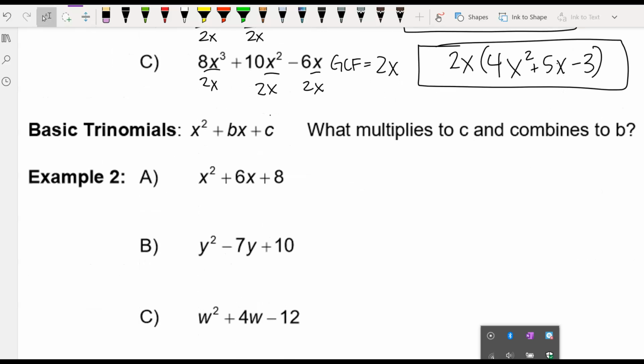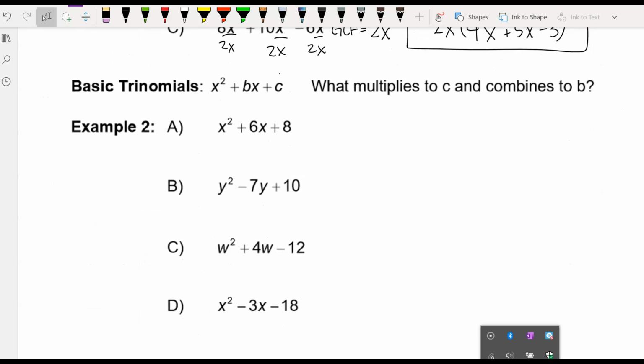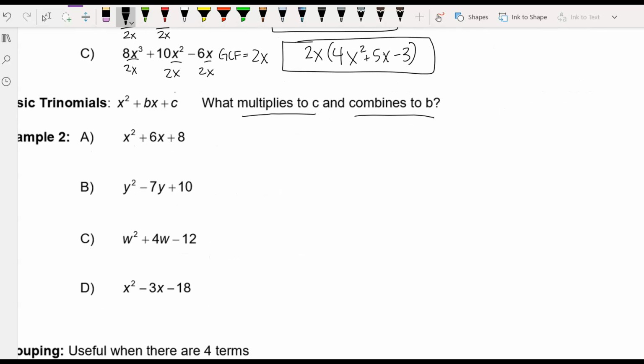All right, basic trinomials. So we're trying to decide what multiplies to make C and combines to make B. So you'll either see it in the box or in the X or diamond.